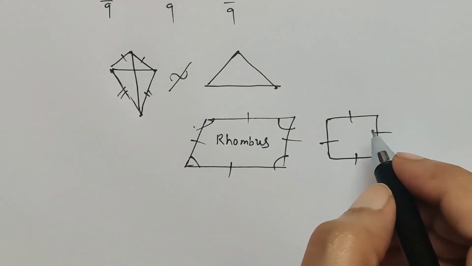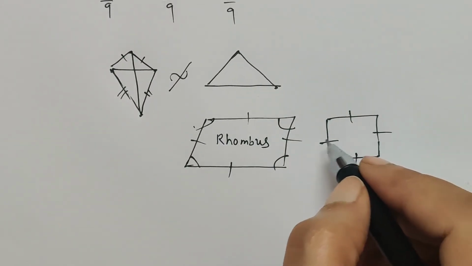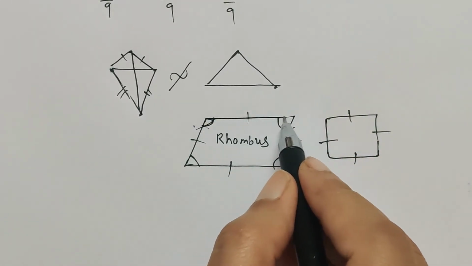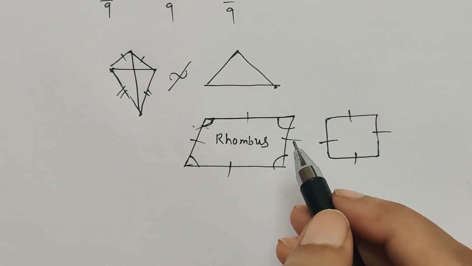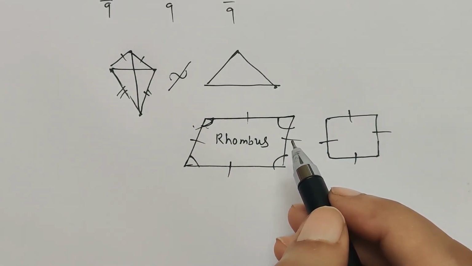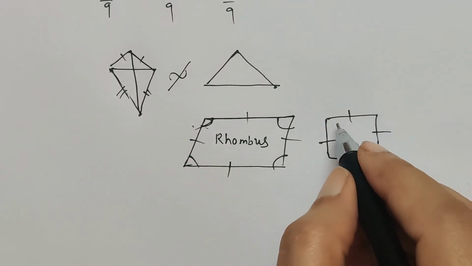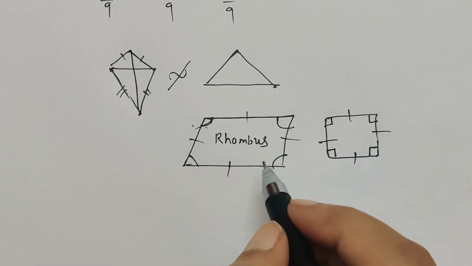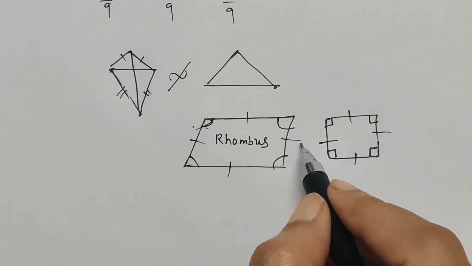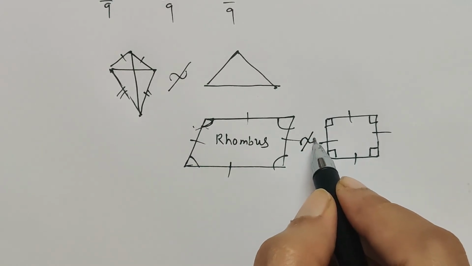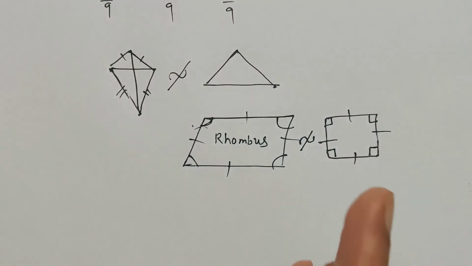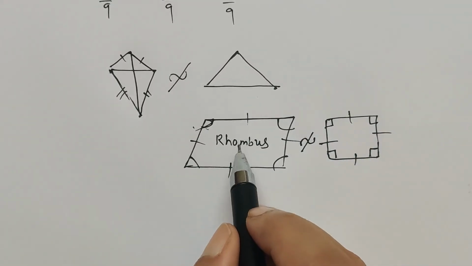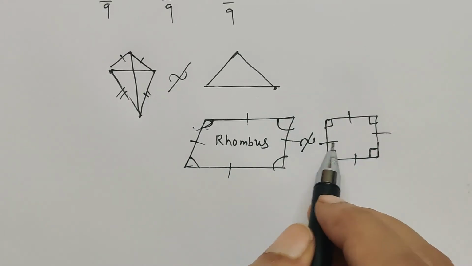The first thing which disproves their similarity is their angle, because in a rhombus the angle is not necessarily 90 degree, it might be any other angle, but in a square it is compulsory that each angle is 90 degrees. So we cannot generalize that rhombus and square are similar. Rhombus may be a bit tilted, but yes, we can say a square is a rhombus, but we cannot say a rhombus is a square. That's why they are not similar figures.